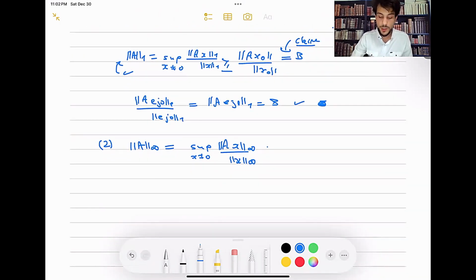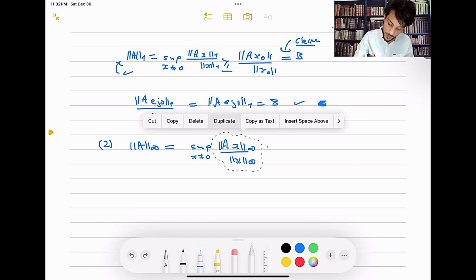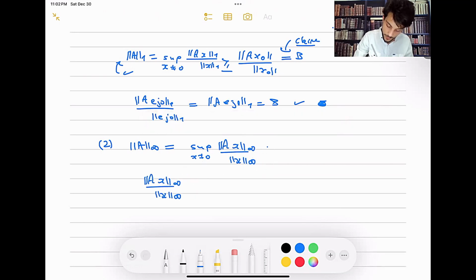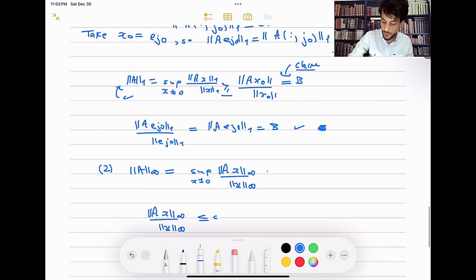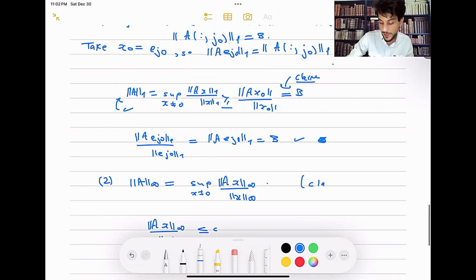Again, we do the same trick. We want to prove 2 inequalities. The first inequality is gained from proving that this ratio is less than or equal to C, because again, what's the claim? The claim is that this equals C. This is what we're trying to prove.